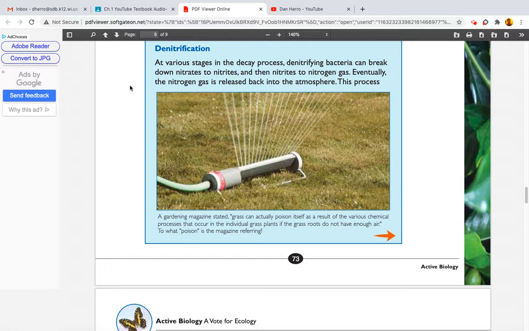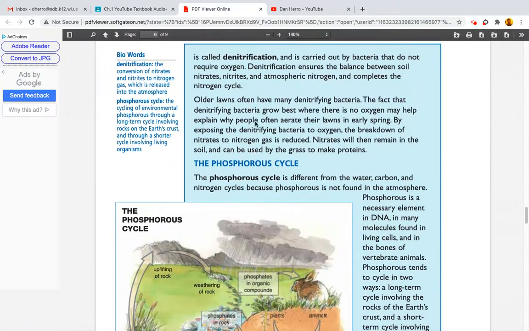Eventually, the nitrogen gas is released back into the atmosphere. This process is called denitrification and is carried out by bacteria that do not require oxygen. Denitrification ensures the balance between soil nitrates, nitrites, and atmospheric nitrogen and completes the nitrogen cycle.